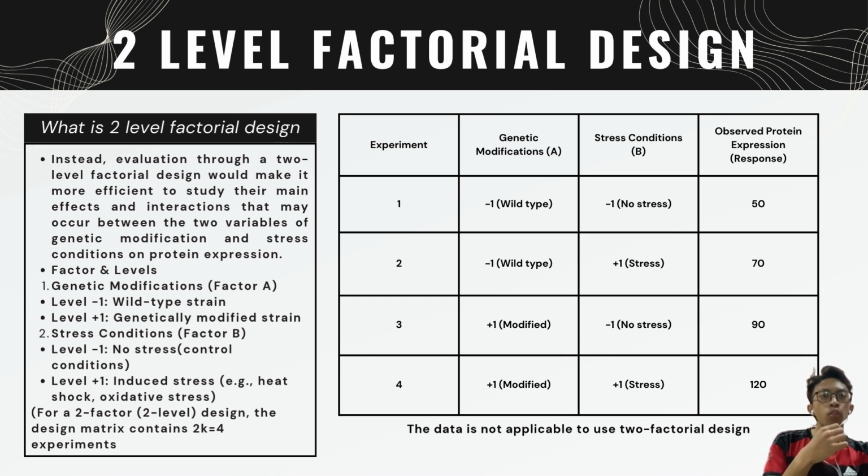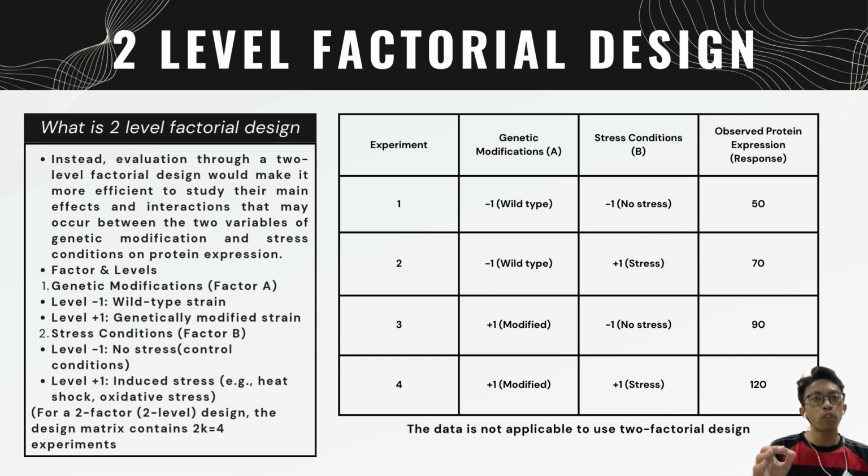Hello. Today I'm going to explain the concept of a two-level factorial design. A two-level factorial design is a powerful tool for analyzing how different factors influence the outcomes of the data. It's particularly useful when you want to study not only the individual effects of the factors, but also how they interact with each other. First of all, what is a two-level factorial design?